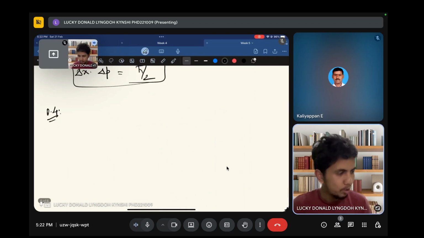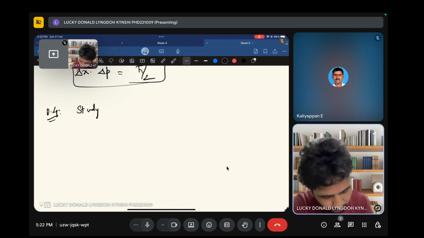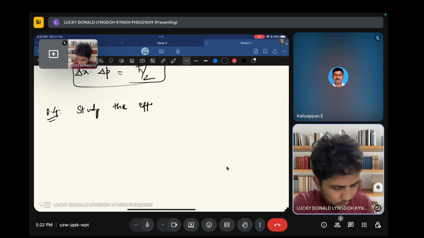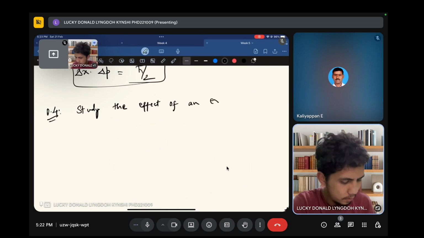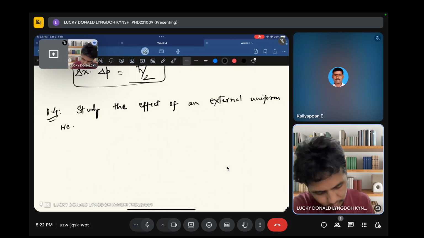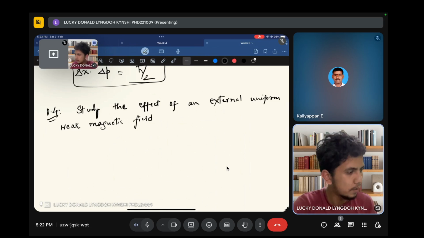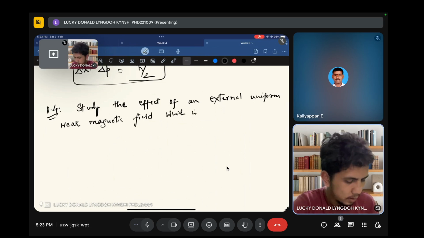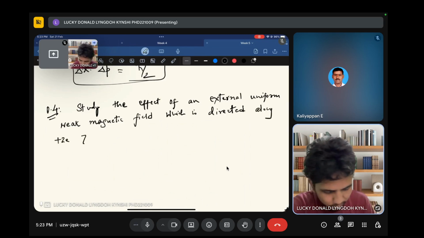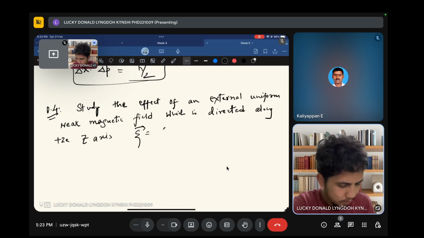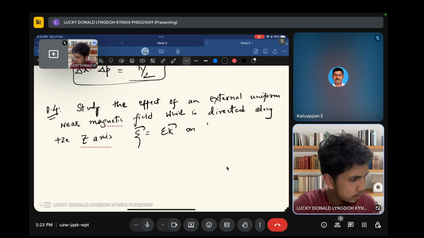Okay, so question number 4 is: study the effect of an external uniform weak magnetic field, which is applied along the positive z axis, given by this much, on the ground state of an atom.